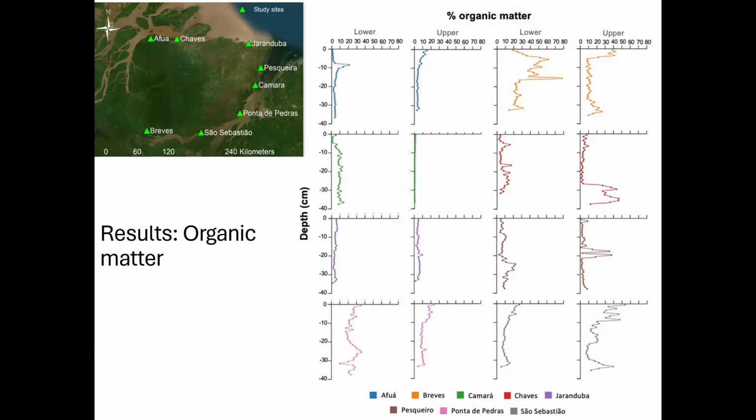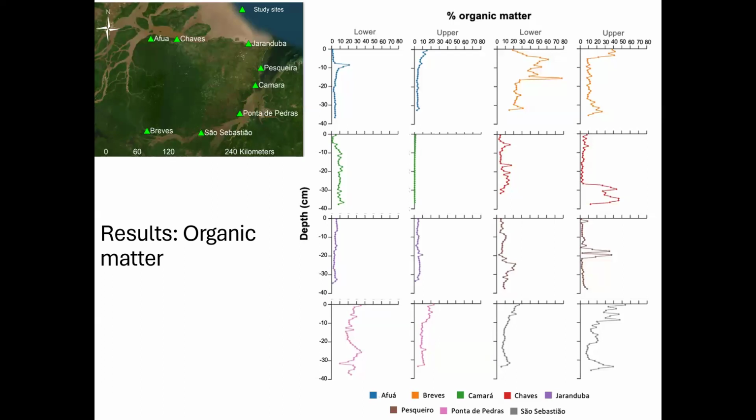Now, as you can see, there are quite high levels of organic material. In some of those sites, it's around 80%, really high levels of organic material, extremely peaty. However, some of them were a little bit lower and more standard mangrove, between 10 and 20% organic material.